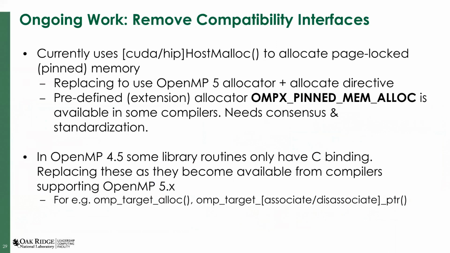As I mentioned earlier, we have multiple Fortran and C compatibility interfaces because some of the OpenMP 4.5 runtime library routines are only available in C binding. We aspire to replace this when it becomes available in Fortran with OpenMP 5. And also when we need to use pinned memory, we have to resort to the underlying CUDA or HIP call to allocate the pinned memory.